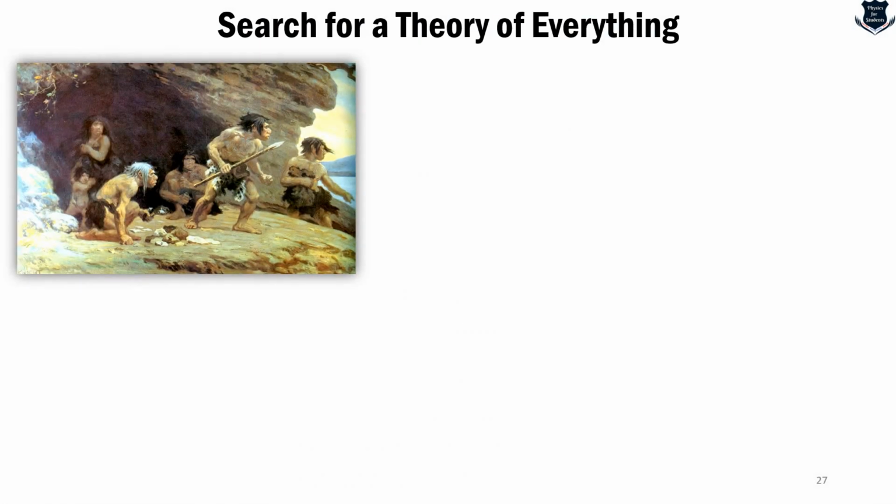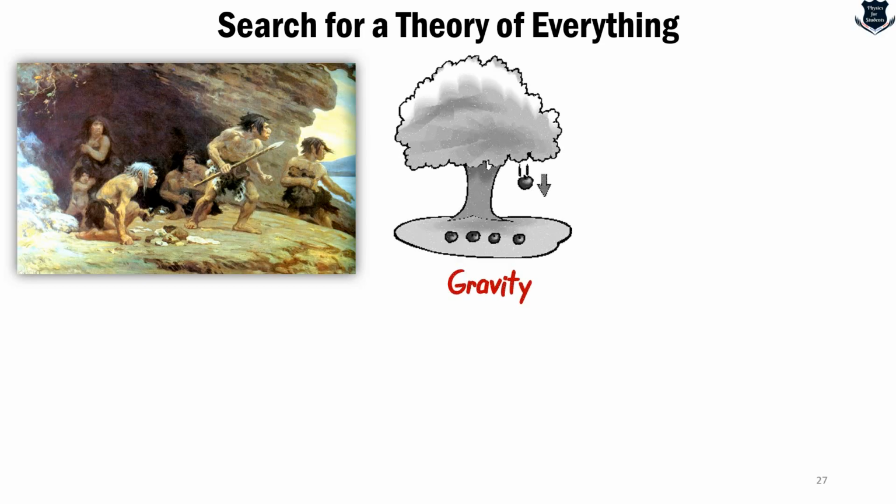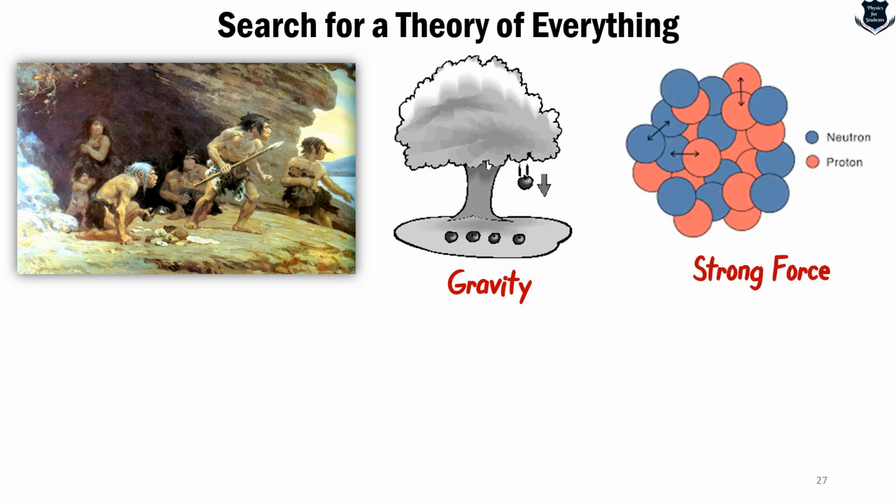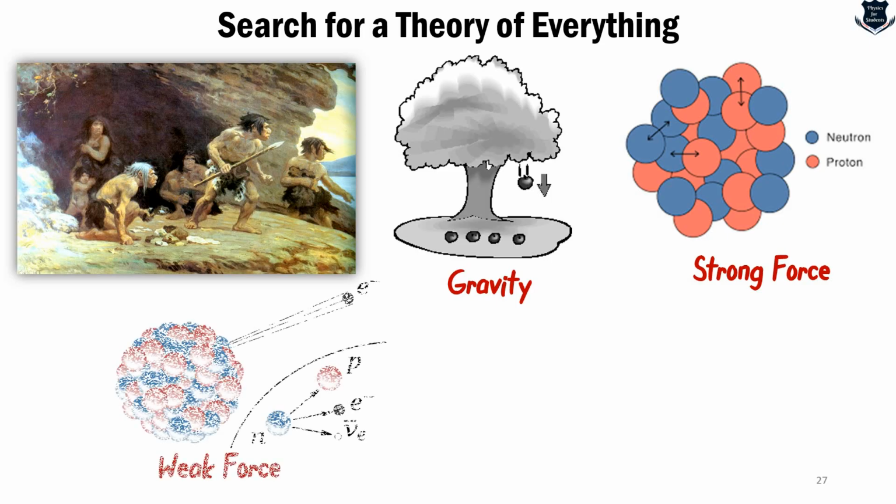And in this process, we understand that there are four fundamental forces of nature. The first one is gravity, the force of attraction between objects with mass, the weakest of the four forces, and it is mediated by gravitons, which are a hypothetical particle. The second is the strong force, which holds the atomic nuclei together, the strongest of the four forces, and is mediated by gluons.